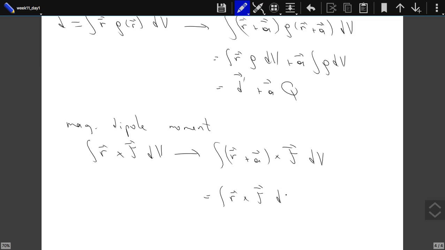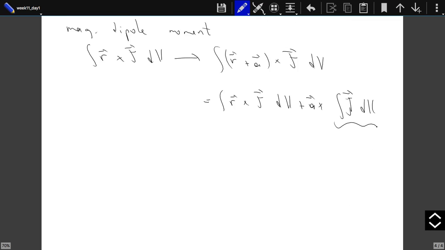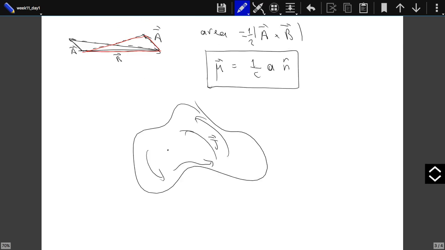This will be R cross J dV plus A cross J dV. This is the monopole term. But we already see that the monopole term in the magnetic multipole expansion is just zero. So the magnetic dipole moment, since there are no magnetic charges, does not depend on the choice of the origin, because the monopole term is always zero.